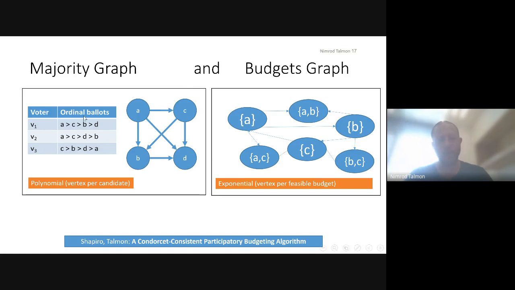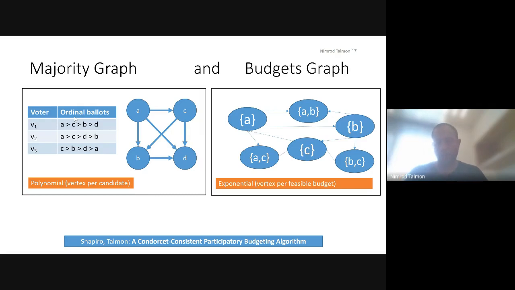So for example, it's easy to be convinced that V1 prefers, say, the bundle AC to the bundle BD, because it prefers A and C in total to B and D, because A and C are ranked above B and D. But it's not clear whether, for example, V1 prefers AD to CB, because A is ranked higher, but D is ranked below. So then we have to come up with some definition of how to lift the ranking that the voter provides over single candidates to a ranking of bundles.